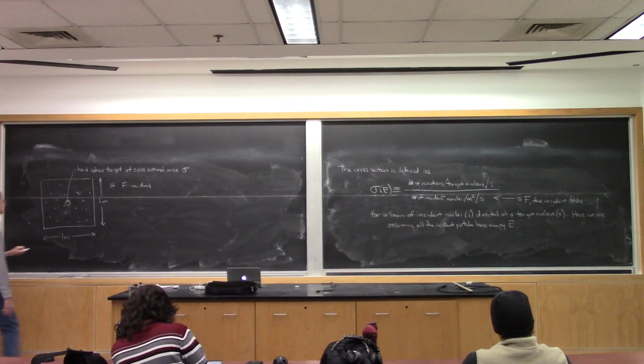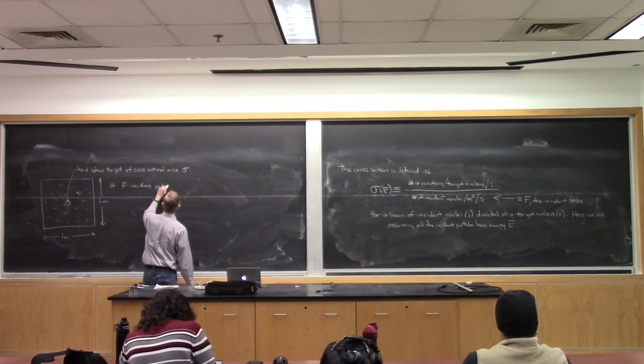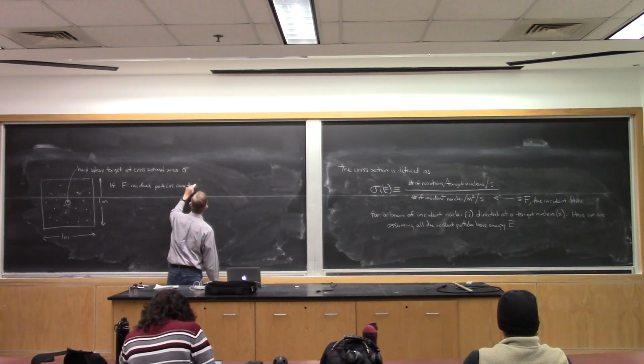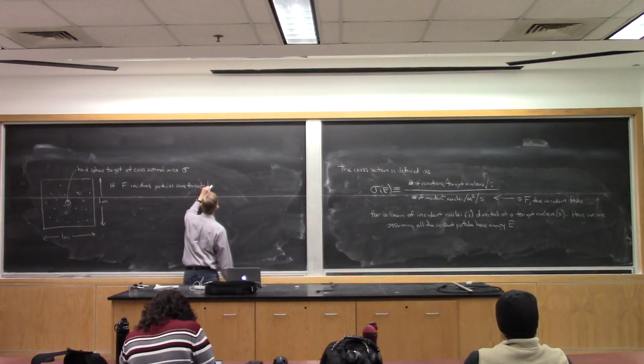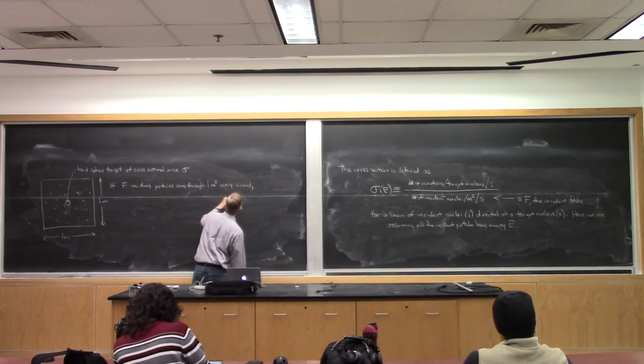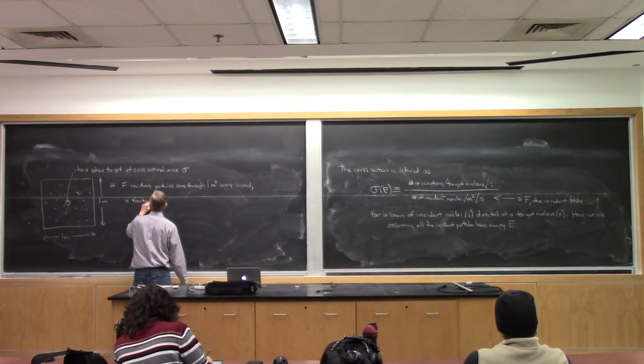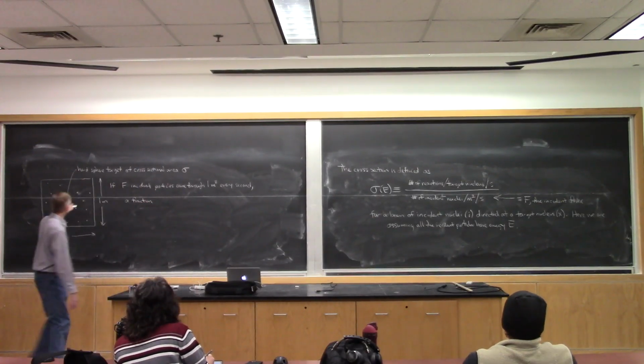Okay, so if F incident particles come through 1 square meter every second, what fraction of them hit the target?